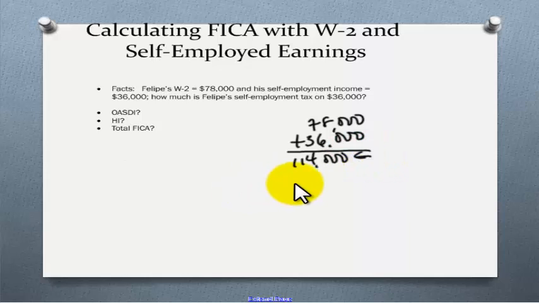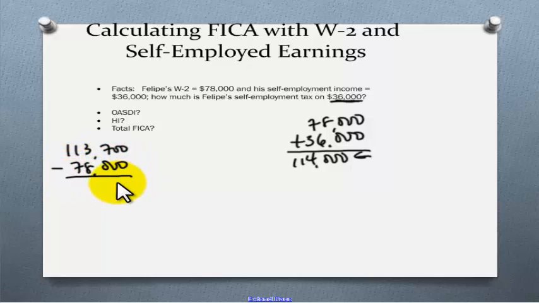So what we'll do is we need to figure out how much of the self-employment earnings are going to be subject to OASDI. For that, we're going to take the total cap, $113,700, minus what he's already had tax taken out of, which is his W-2 income, $78,000. So that means that $113,700 minus $78,000 is going to give us a taxable amount of his self-employment income of $35,700, which makes sense.